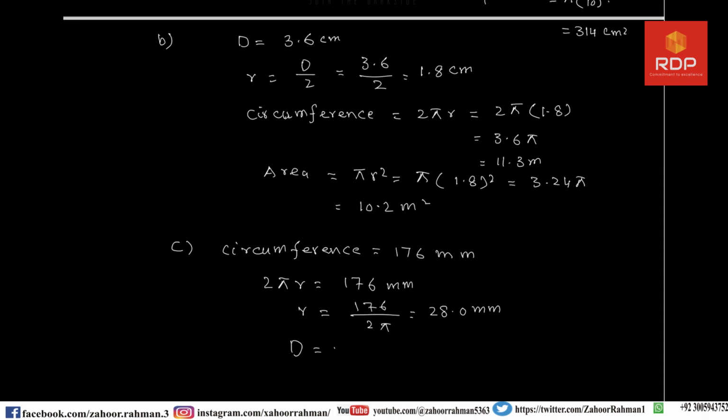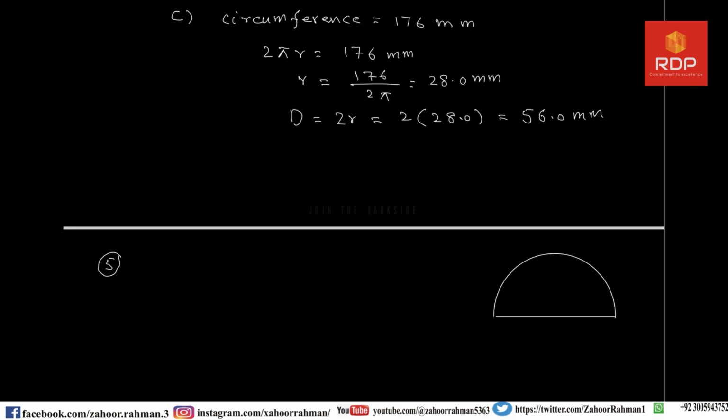Now we can find the diameter as well. D is equal to 2r, so I am putting the value of r, that is 28, so it will become 56.0 mm. My next job is to find the area, and area of the circle is equal to pi r square.